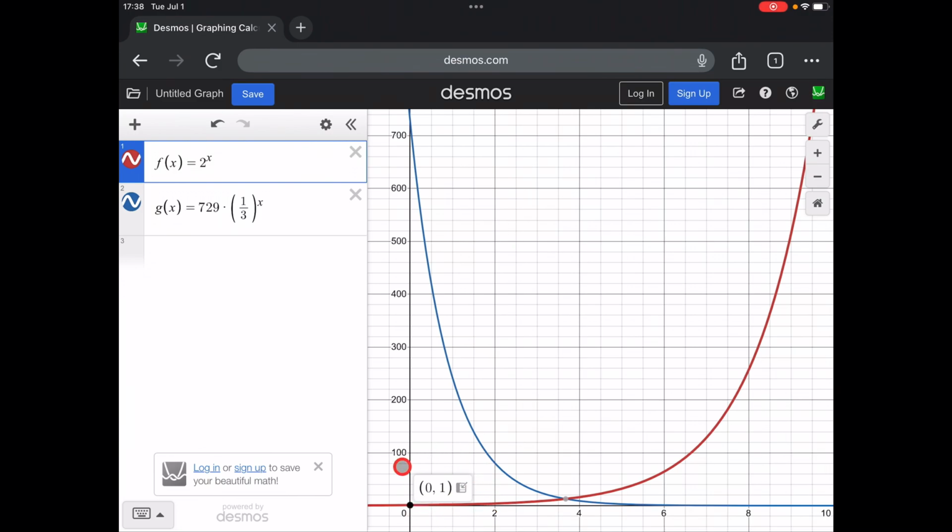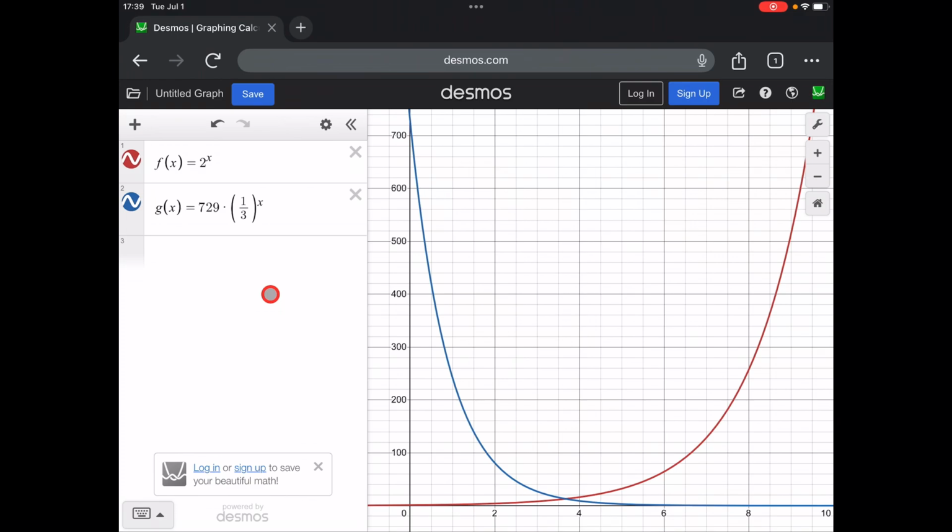You can't really see on the graph, but this point represents where the initial value is. For the second function, g of x is equal to 729 times 1/3 to the x, the initial value is 729.